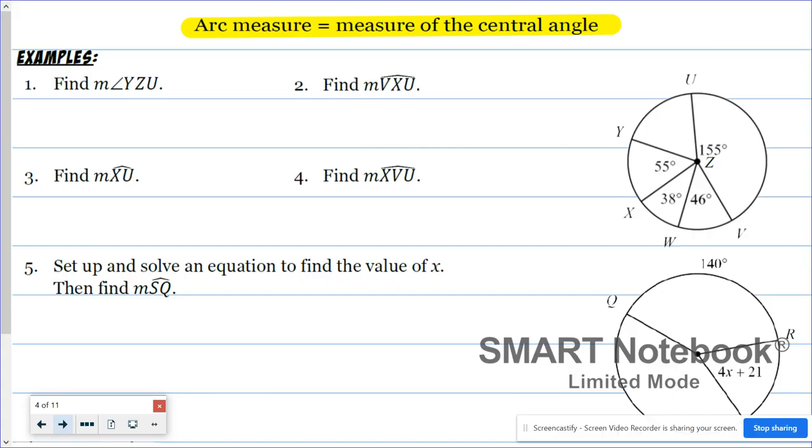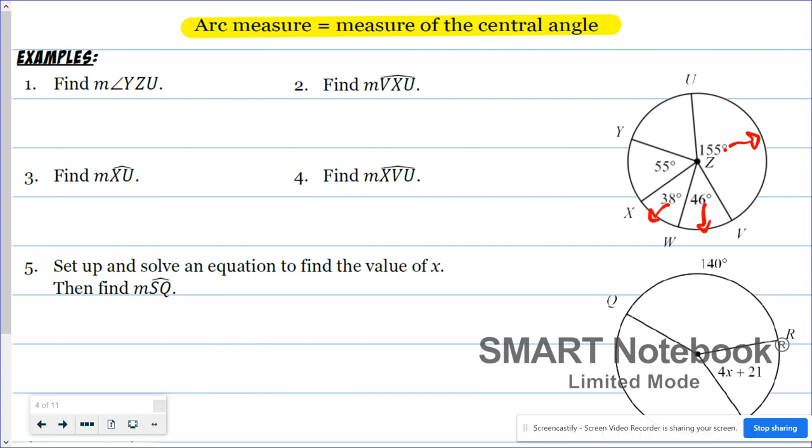Examples 1 through 4 all use circle Z. Notice that in circle Z, angle UZV is 155, so its corresponding arc is also 155. Angle WZV is 46, so its corresponding arc is also 46.